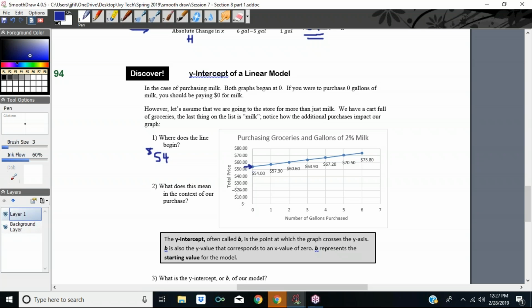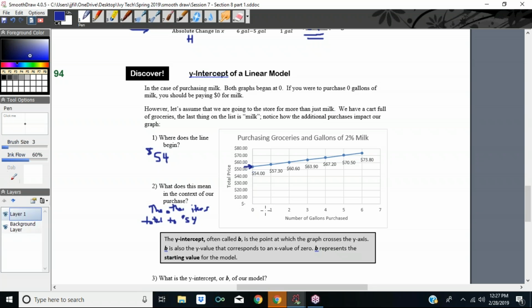Why does it begin at $54? Yeah, that's the cost of all the other groceries, right? So that's the cost before the milk for the other groceries.